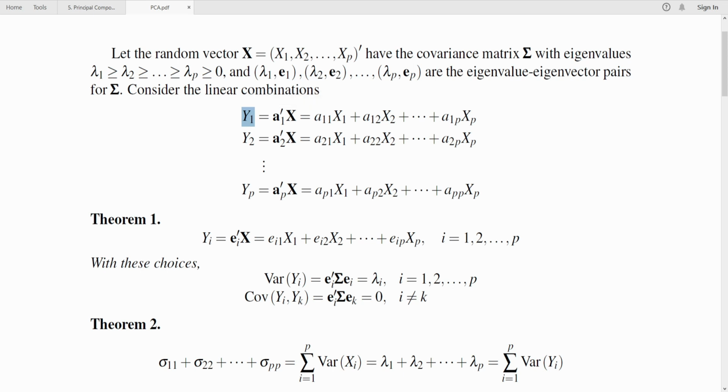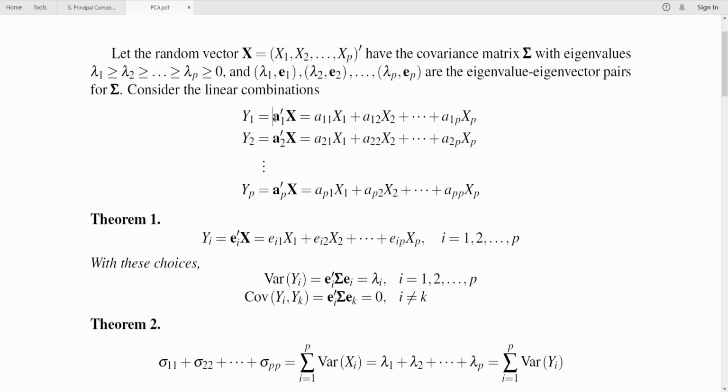That is, we want to maximize the variance. We can calculate the variance of each of those linear combinations. We can also calculate covariances between those. We also mentioned that we want those principal components to be uncorrelated. So we want the covariance between y1 and y2 to be 0.